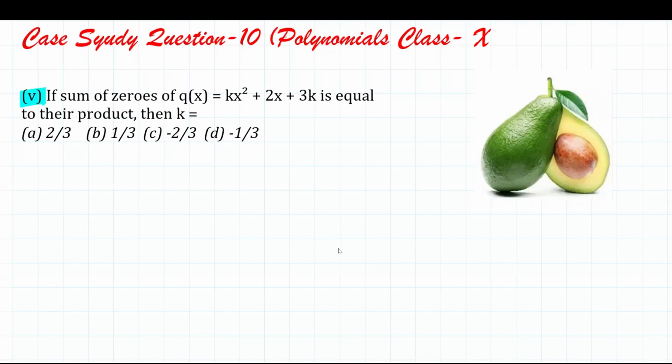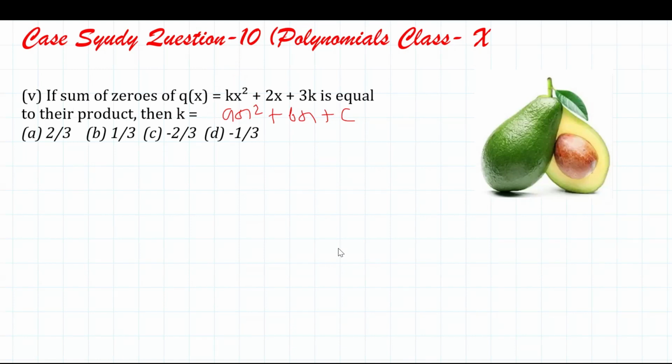In the fifth part, it says if the sum of the zeros of this polynomial is equal to their product, then we have to get the value of k. Okay, first thing that I'll do is to write the polynomial in the standard form. The general equation is what? ax square plus bx plus c.